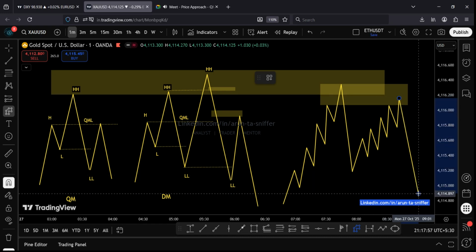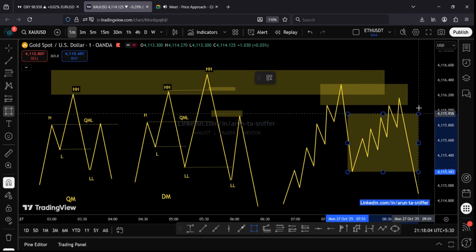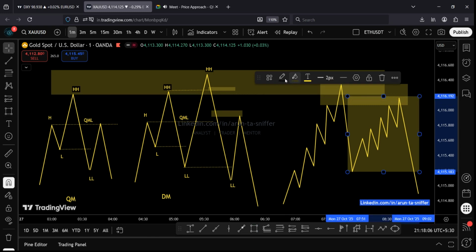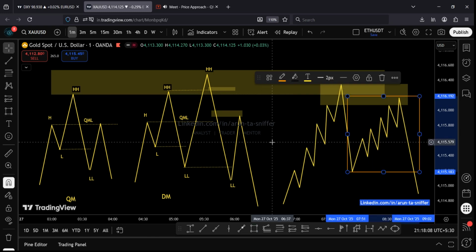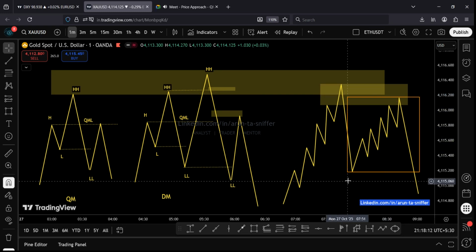Then fall like this. You have seen this already. If we change it like this, on this side we have our engulf, right? Engulf to what?